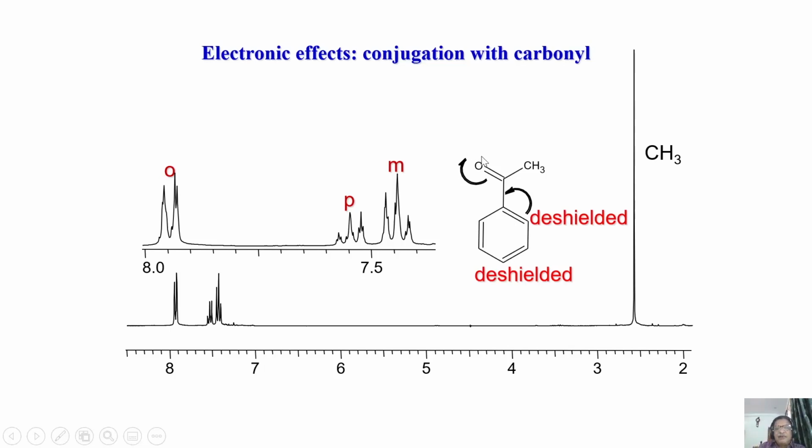Similarly, when C double bond CH3 is added to the benzene ring, the protons in the ortho and para positions to this functional group get de-shielded, whereas the protons in the meta position get shielded. As you can see, meta protons come high field, whereas ortho and para protons come downfield. Of course, ortho is more downfield shifted because of its close spatial proximity to this functional group.